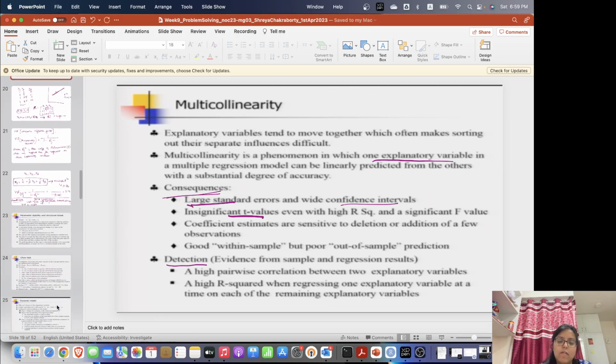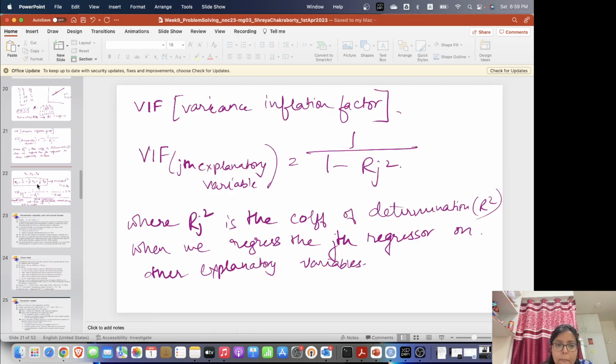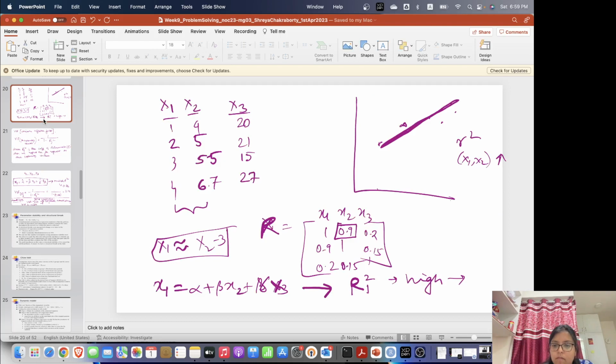Yes, ma'am. Ma'am, in the previous slide, here you have written x1 is equal to x2 minus 3. Where did this 3 come from? While I was doing it, you see, 1 plus 3 is 4, 2 plus 3 is 5, so I am just constructing it in such a way as to illustrate my point.